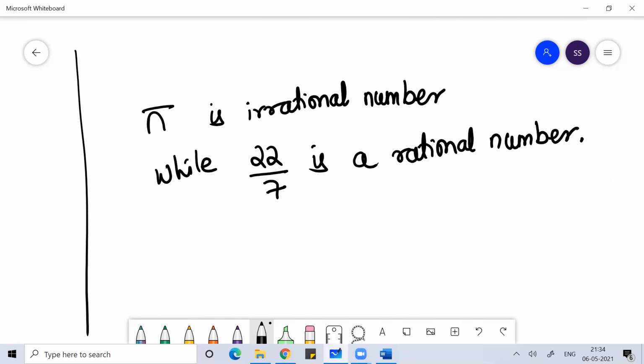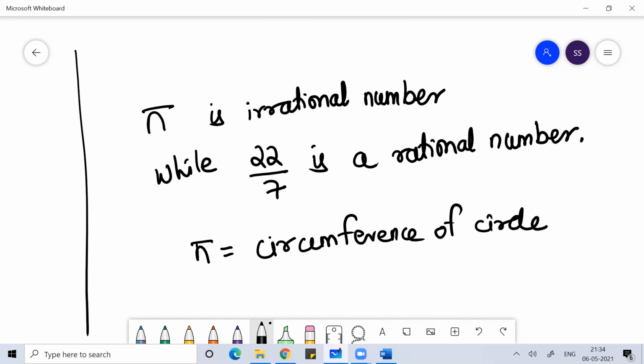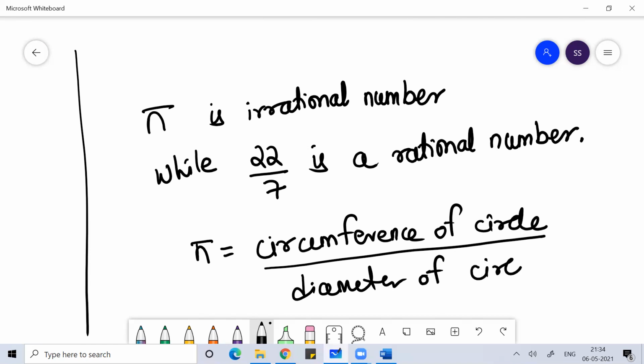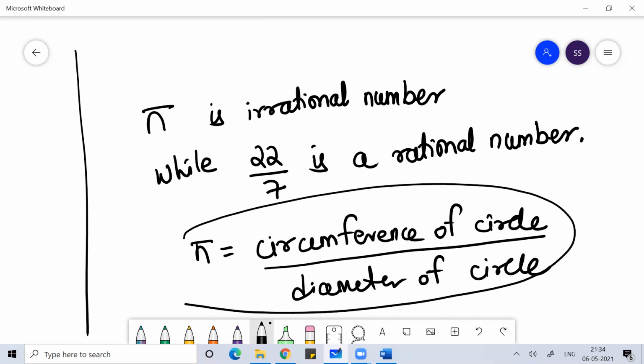So what is basically pi? Pi is what you get when you divide the circumference of a circle by the diameter of the circle. You get a constant, and that constant we call pi. The value of pi is being determined by supercomputers.